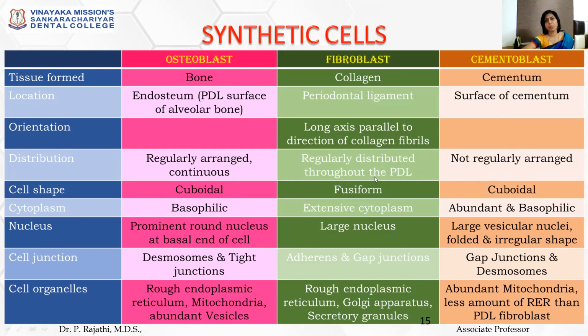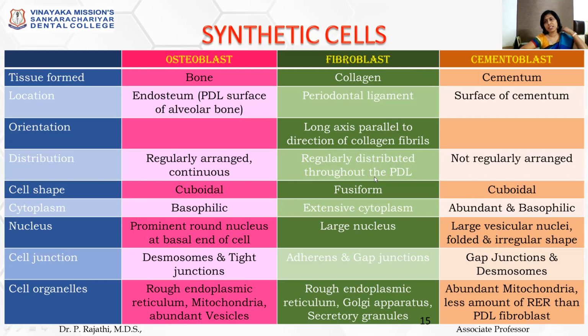Coming to the shape of the cell, both osteoblast and cementoblast are cuboidal shaped cells, whereas fibroblast is fusiform or spindle shaped. Coming to the cytoplasm, it is basophilic in both osteoblast and cementoblast, basophilic meaning hematoxyphilic, that is purple in color.